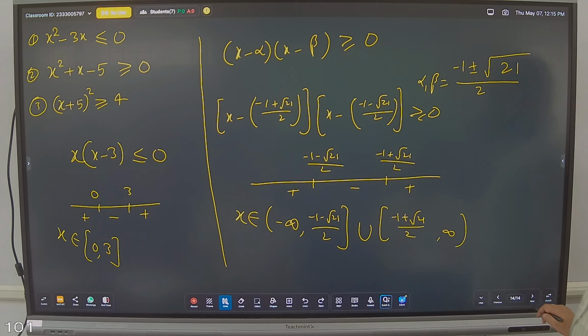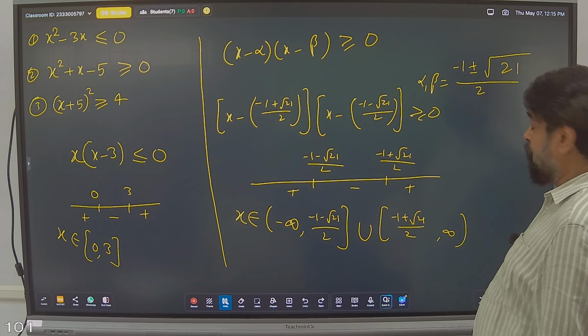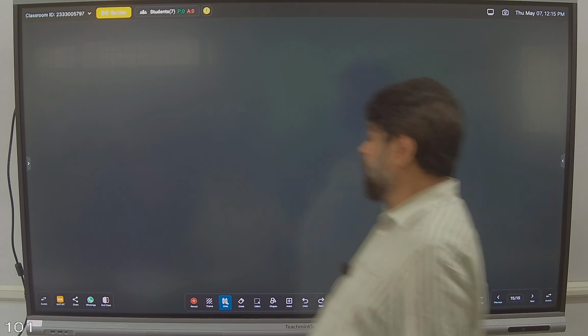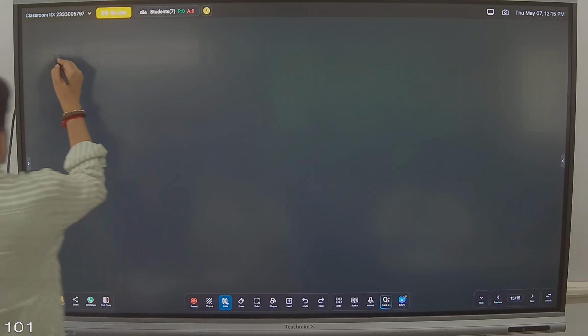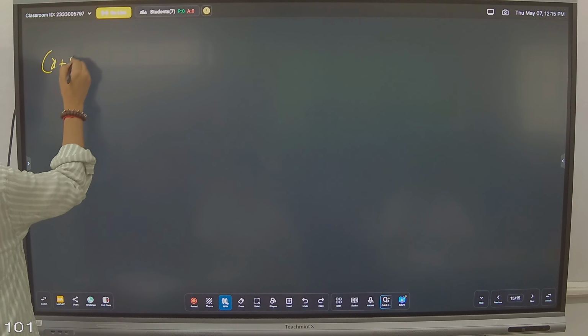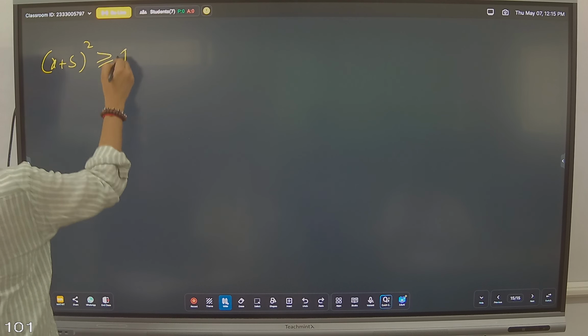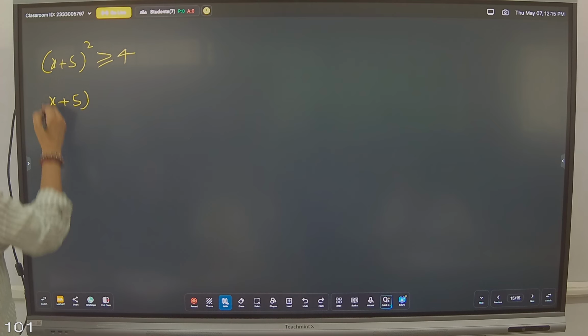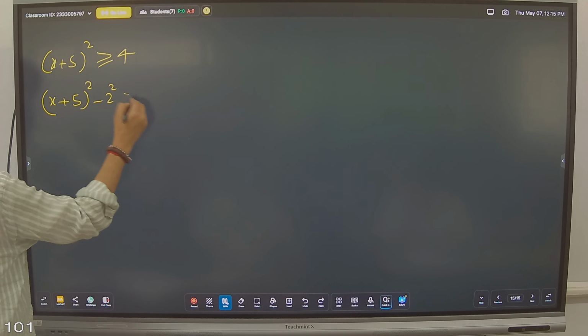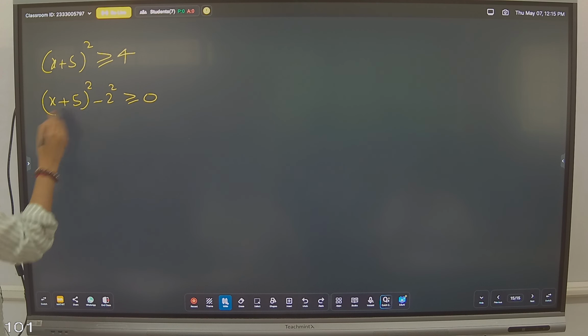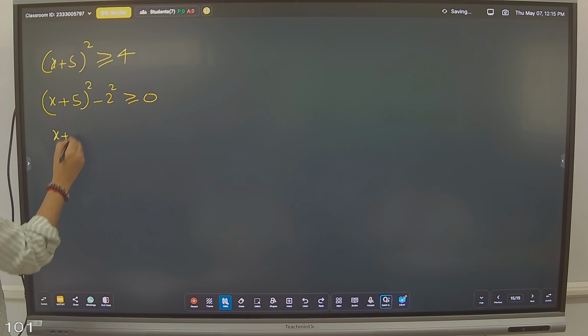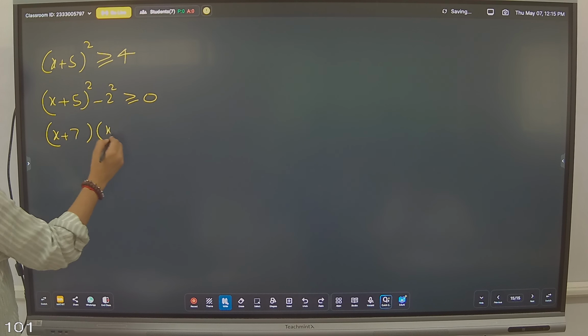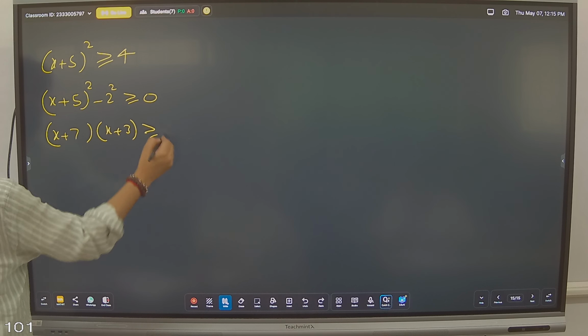Next question. (x plus 5) whole square greater than or equal to 4. Yes? Shifting to one side, we'll get (x plus 5) whole square minus 2 square greater than or equal to 0. So a square minus b square formula. So (x plus 7)(x plus 3) greater than or equal to 0.